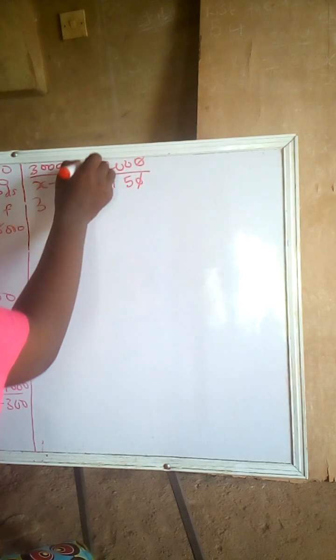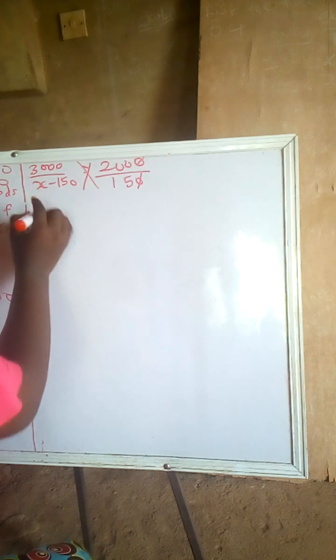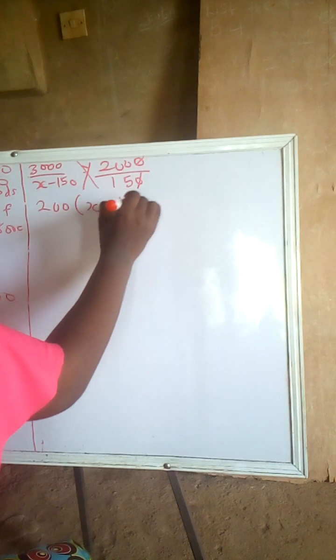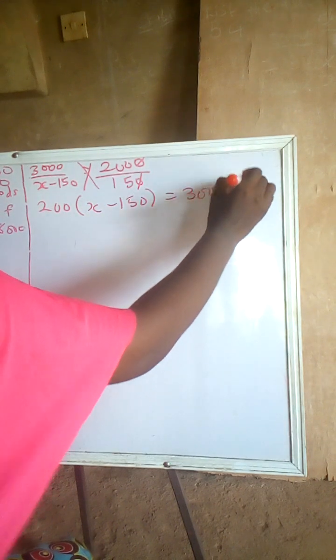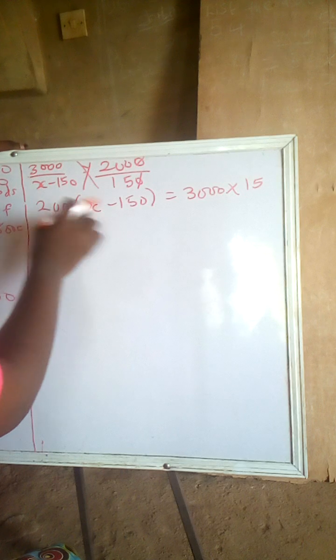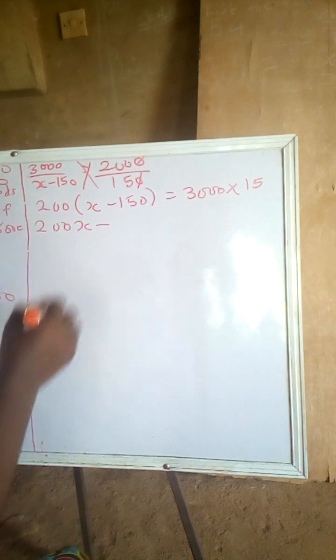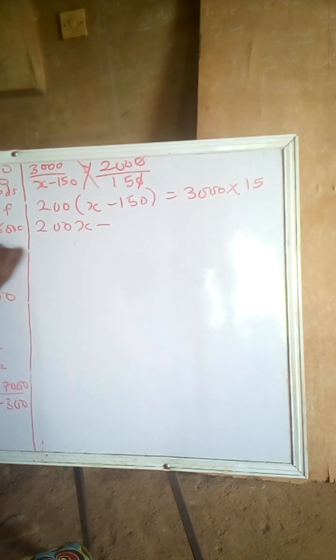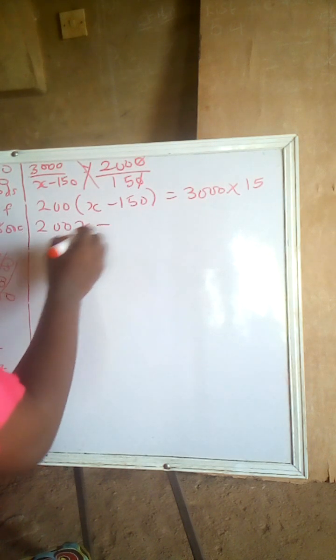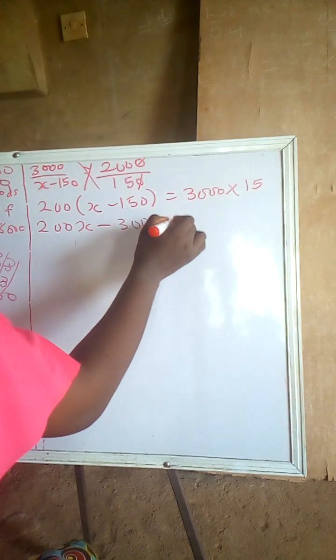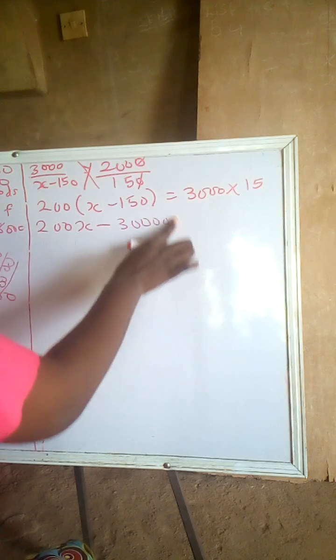So we have 200 into X minus 150 equals 3,000 times 15. 200 times X, that's 200X. 200 times 150, that's 30,000.